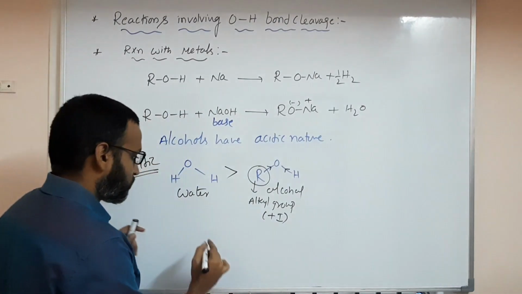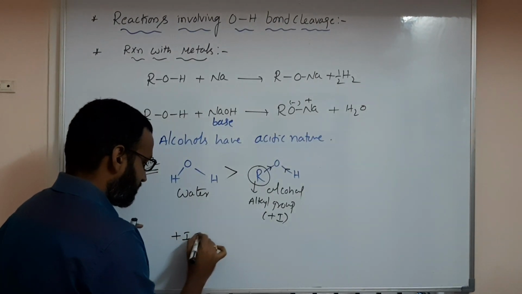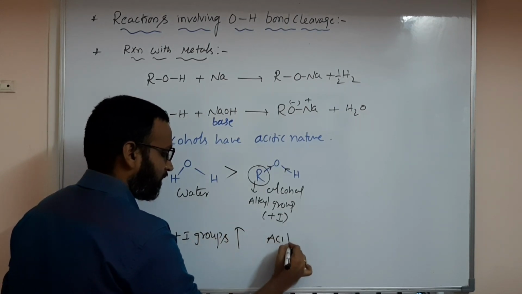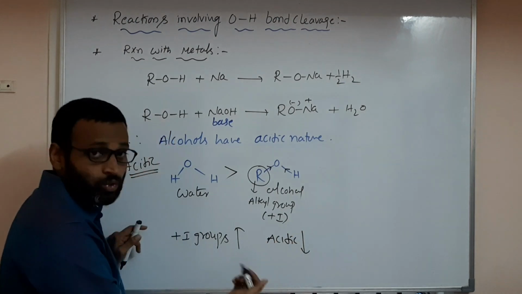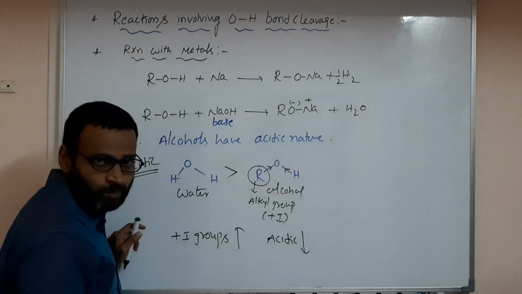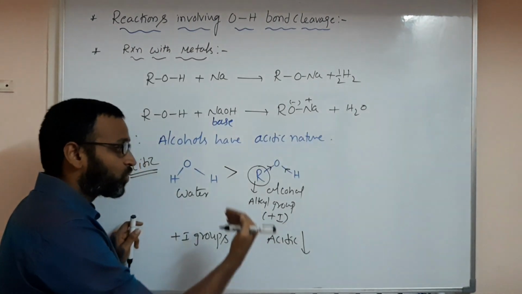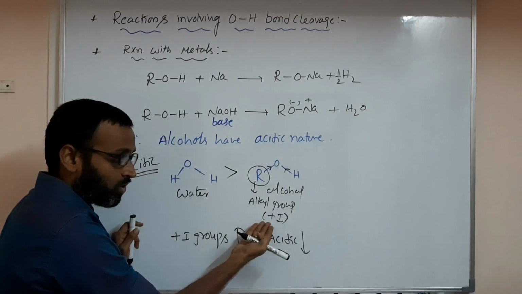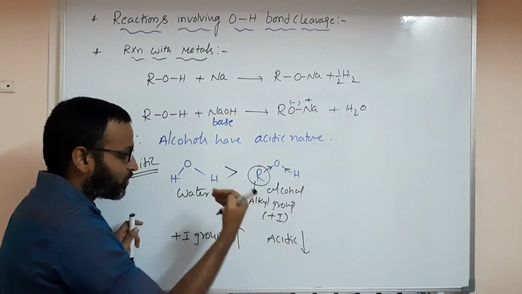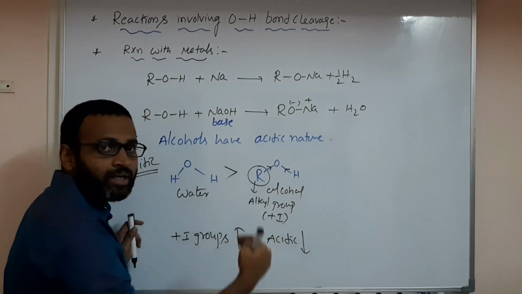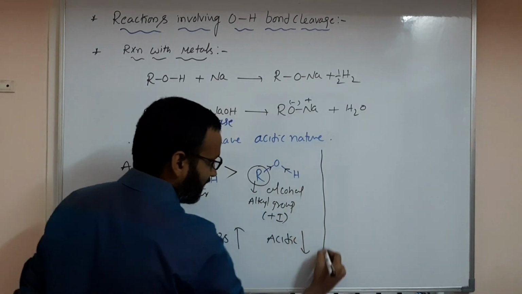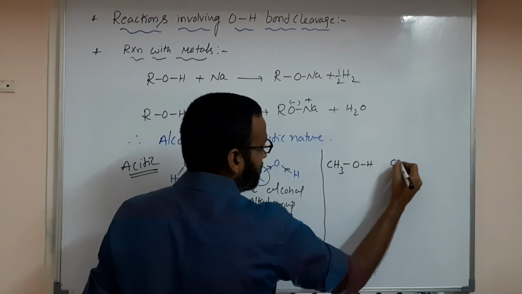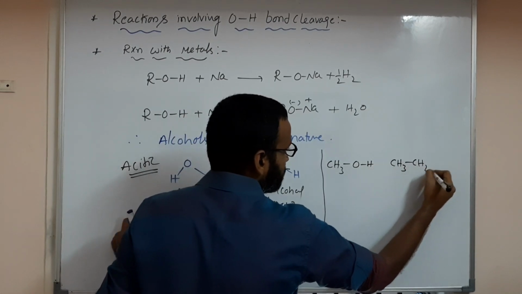In alcohols also, as plus I groups increase, acidic nature decreases. As I told you, if plus I groups are more, they will donate electrons towards oxygen. Plus I group means electron donor or not? Everybody knows that. So acidic nature decreases. As I said many times, CH3OH, CH3CH2OH, and then more CH3 groups on carbon with OH.